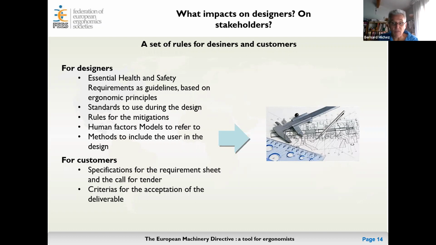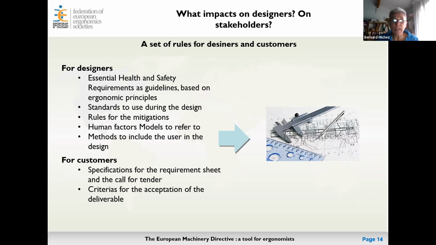The principle of safety integration and the ergonomic principle are present in this directive, and they are transposed to the European harmonized standards throughout Europe, of course, not in United States or Canada or other countries, but it is a strong standard for us, for Europe.